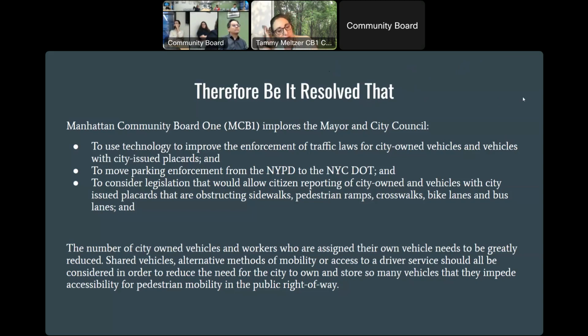So I think there are concerns or conditions that I have that go along with this request to move parking enforcement from NYPD to NYC DOT. I don't know if that's actually going to be significantly possible if what we're talking about is union shifts and things like that, which is a concern that needs to be addressed. We need to really take a look at that.